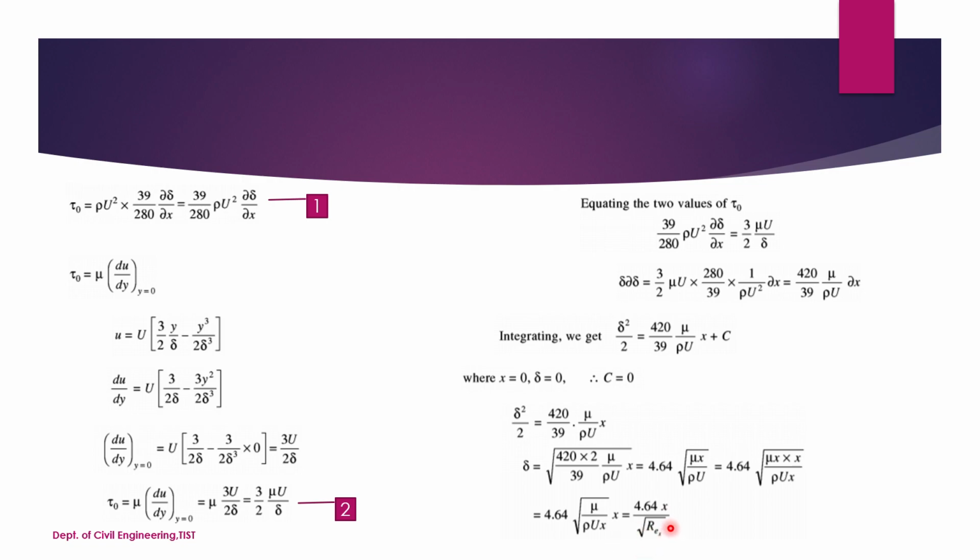Okay, so why is it Rex instead of Rel? Because in this expression it is rho ux. If it was rho ul, it would have been Rel. But here it is rho ux. So it is Rex. So the expression of delta in terms of Reynolds number is given by 4.64 x divided by root Rex. Okay, so you got the expression for delta.